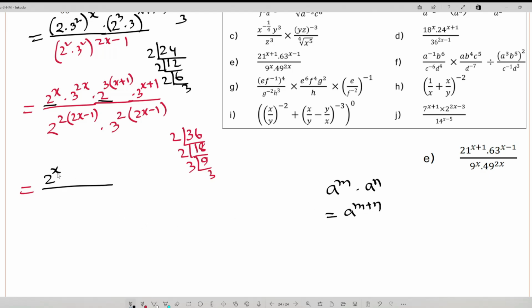So here is also the same x, and this one becomes plus 3x plus 3 times 3, this one is 2x plus x plus 1, right?